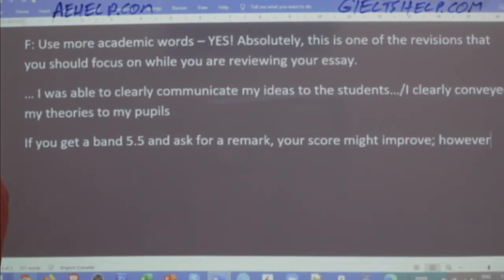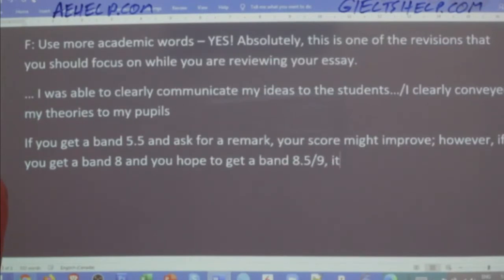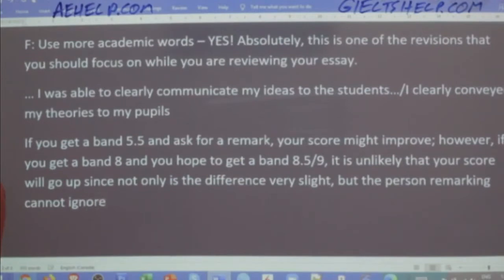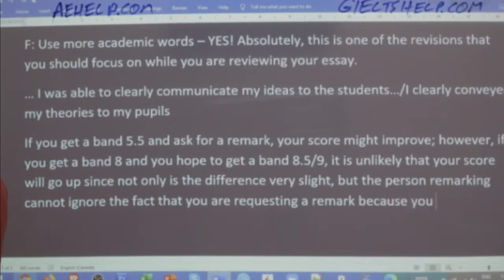However, if you get a band 8 and you hope to get a band 8.5 or 9, it is unlikely that your score will go up, since not only is the difference very slight, but the person remarking cannot ignore the fact that you are requesting a remark because you did not get a band 8.5 or 9.